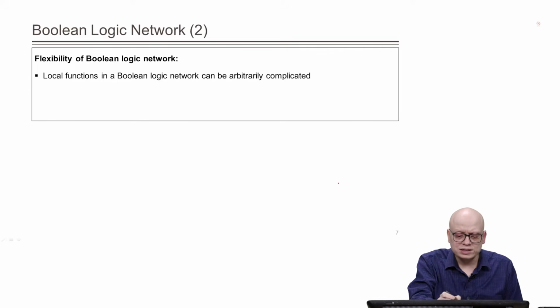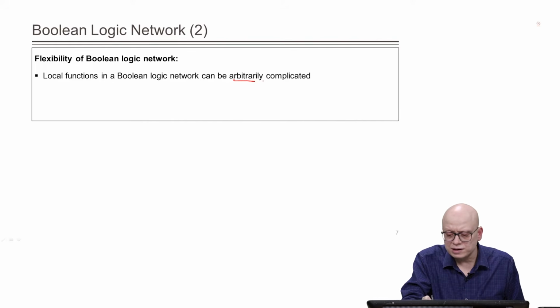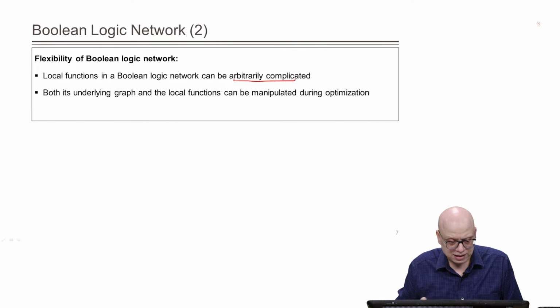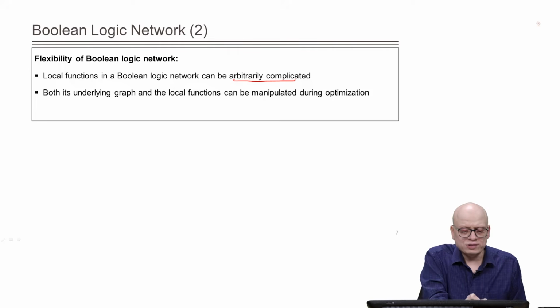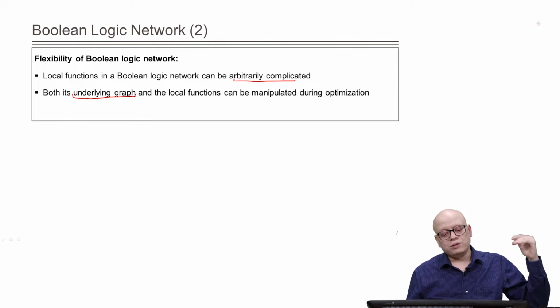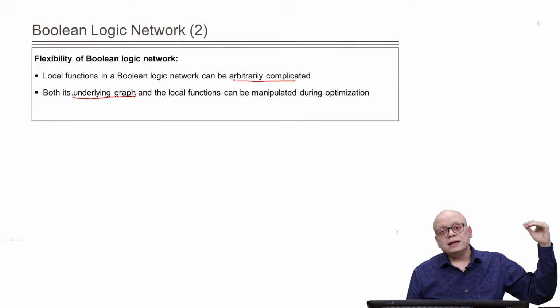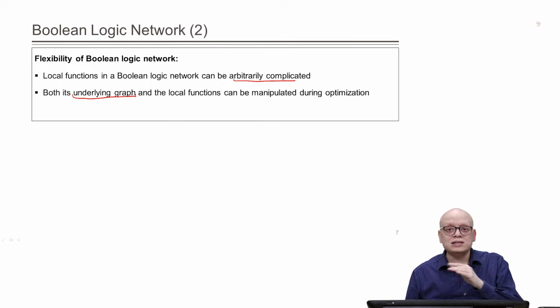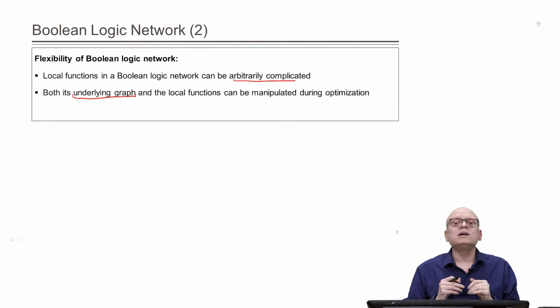So, local functions in a Boolean logic network can be arbitrarily complicated, and both its underlying graph and the local functions can be manipulated. When we say that we can manipulate the underlying graph, we mean that we can manipulate the incoming edges, outgoing edges, and the dependencies among the vertices.